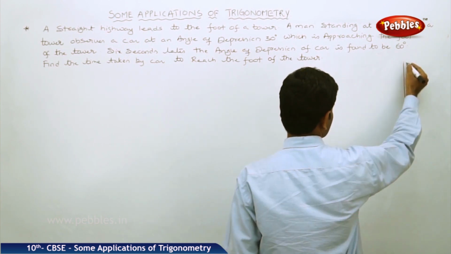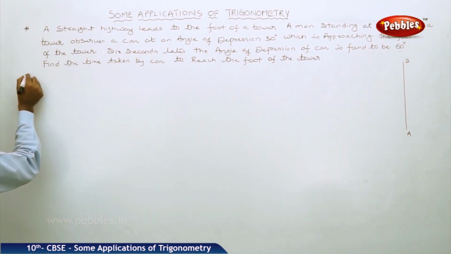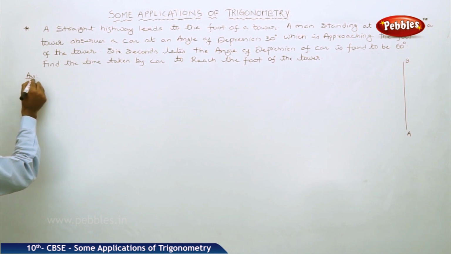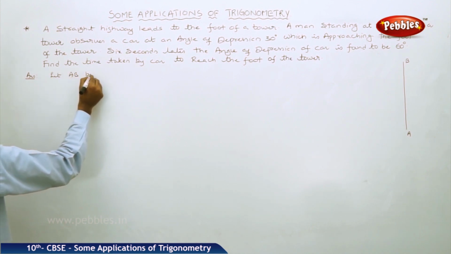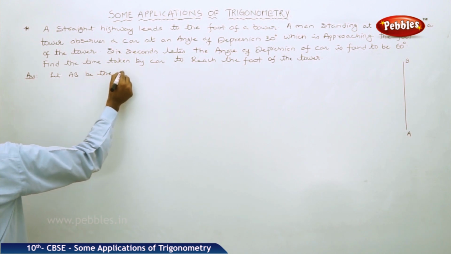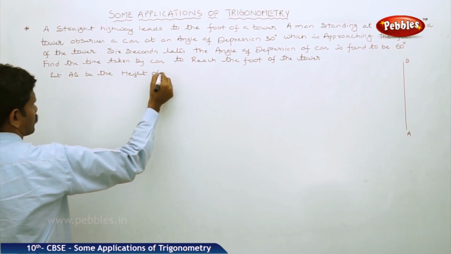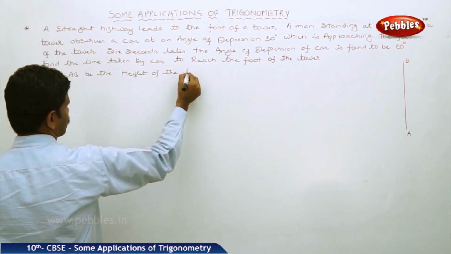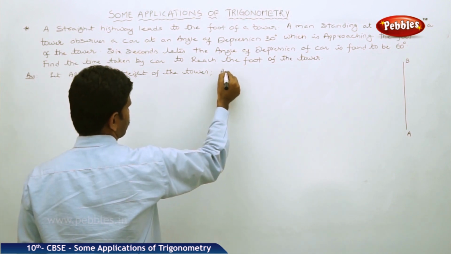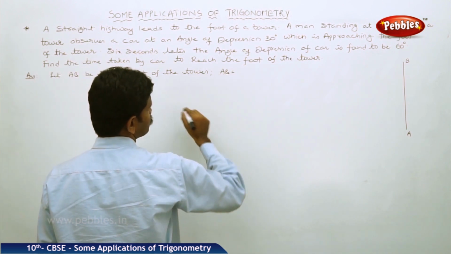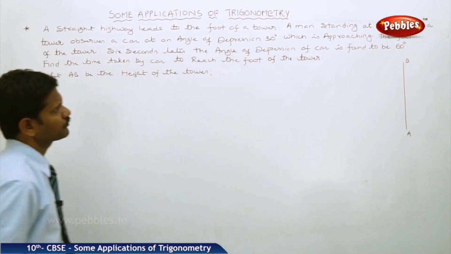Let AB be the height of the tower. AB is not mentioned here.